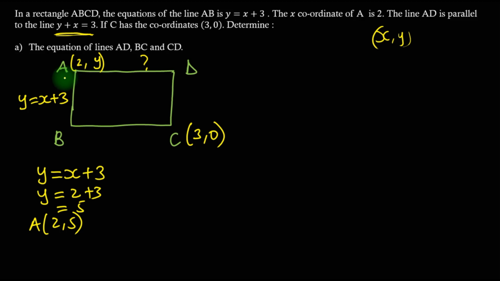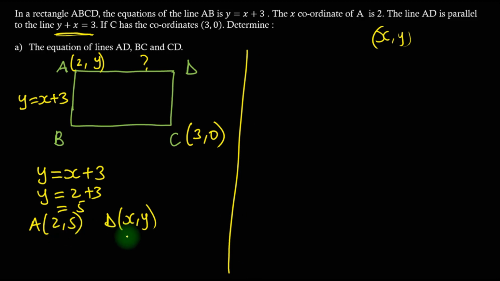And since we want to get the equation of AD, let us call a point on it (x, y), and we need to get the gradient of AD. We were given that it is parallel to the line y plus x equals 3.